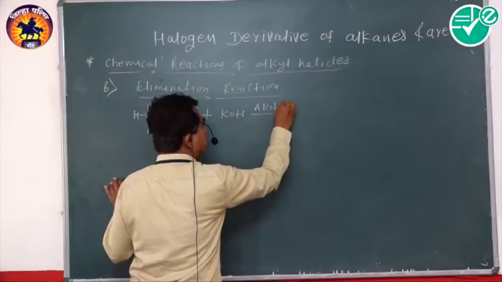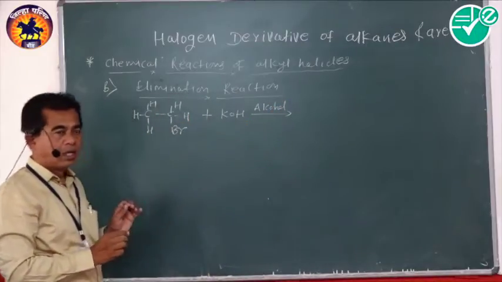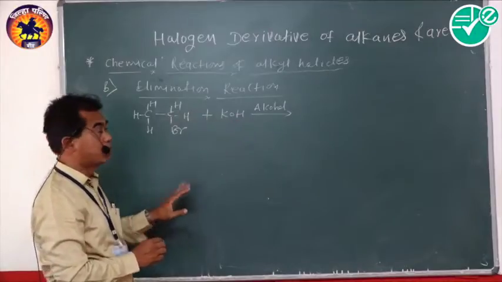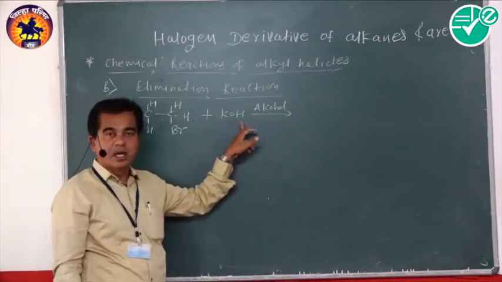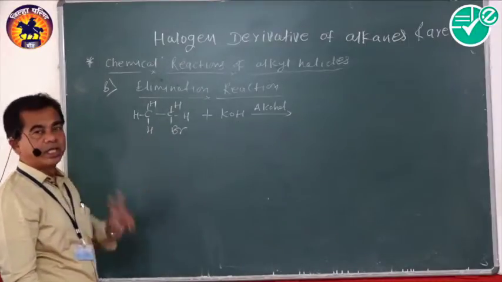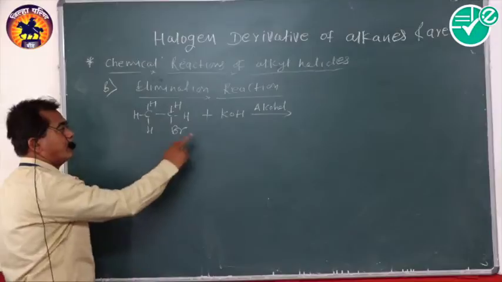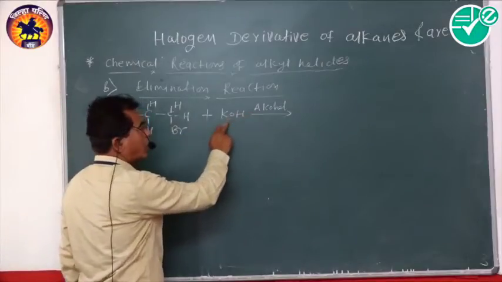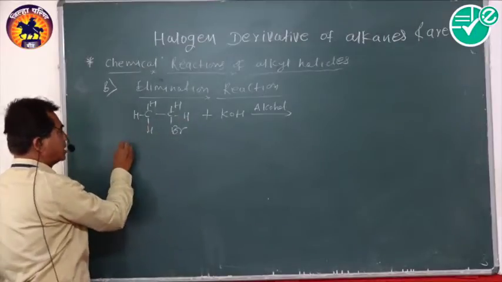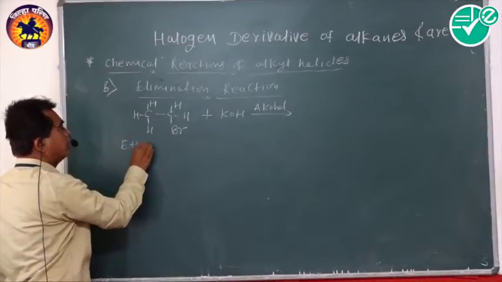It is a very important thing that it is in the presence of alcohol. In the presence of aqueous water, substitution reaction takes place, but with alcoholic alkali and alkyl halides, elimination reaction takes place.